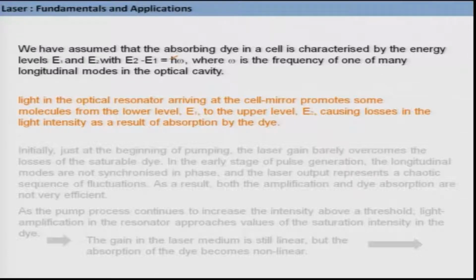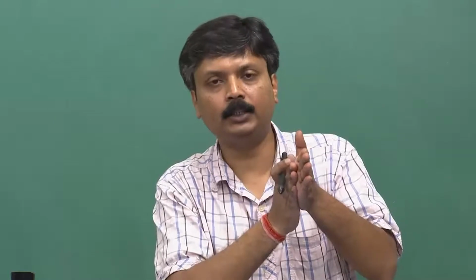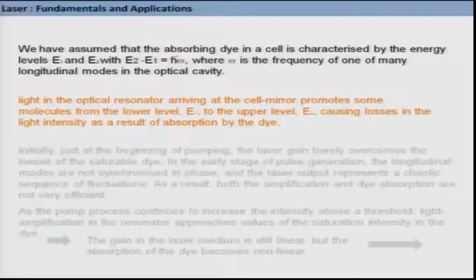The cell mirror is such that the dye is taken in a rectangular container, and one of the inner sides of this container is a mirror. This cell mirror promotes some molecules from the lower level E1 to the upper level E2, causing losses in the light intensity as a result of absorption by the dye. Fine. Now, this is at the beginning.